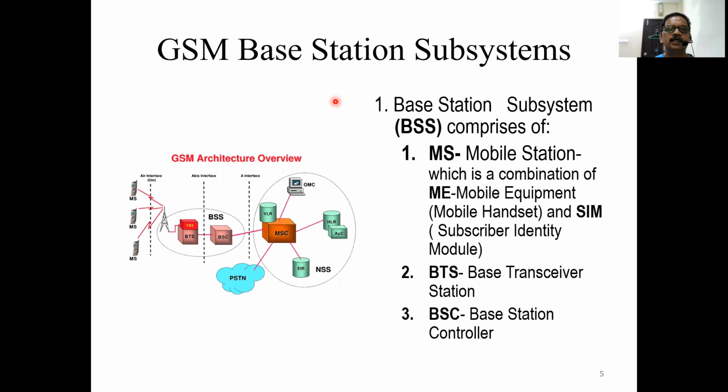Now, let us try to understand a little more about the different subsystems. Let us simultaneously look into the diagram also. These are the mobile stations. This is your BTS and BSC put together, which is known as the base station subsystem. Then you have the network subsystem.